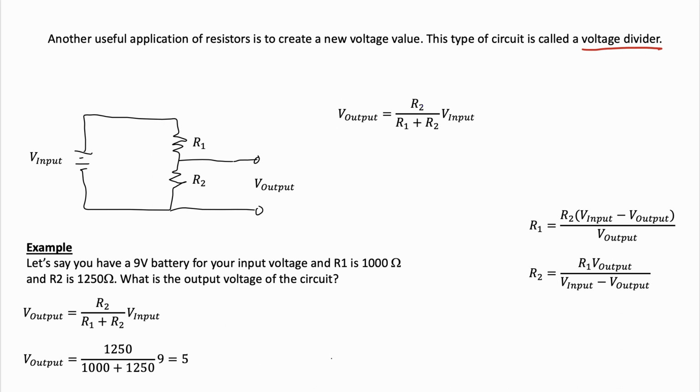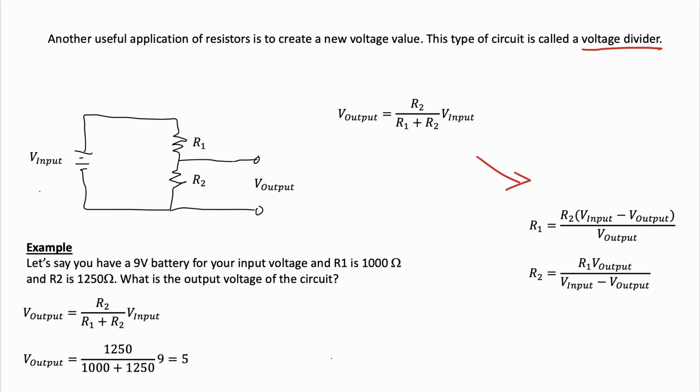The voltage output is equal to resistor 2 divided by the sum of the resistances of resistor 1 and 2, times the input voltage. You could also use algebra to solve for different ones. If you knew the input and output voltages, and you had one resistor fixed, then you could solve for the other resistor.